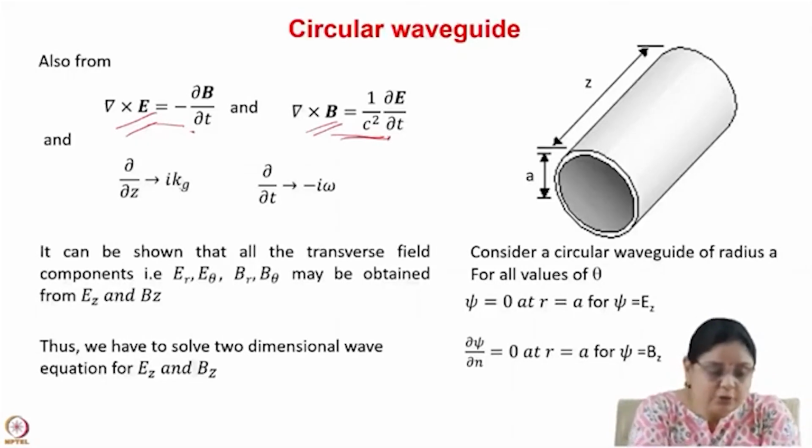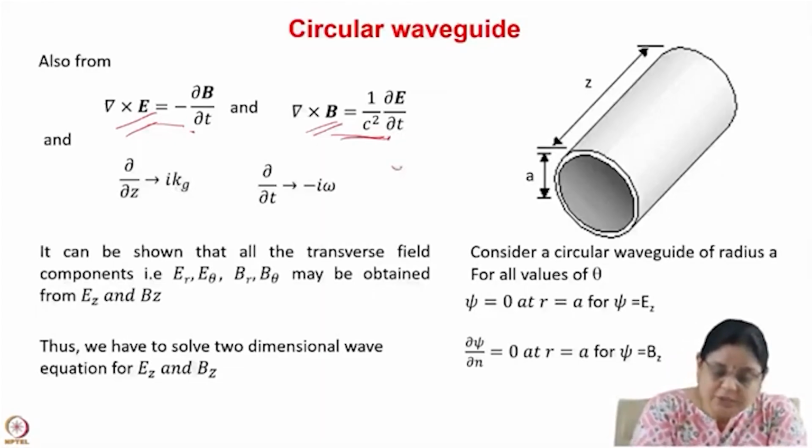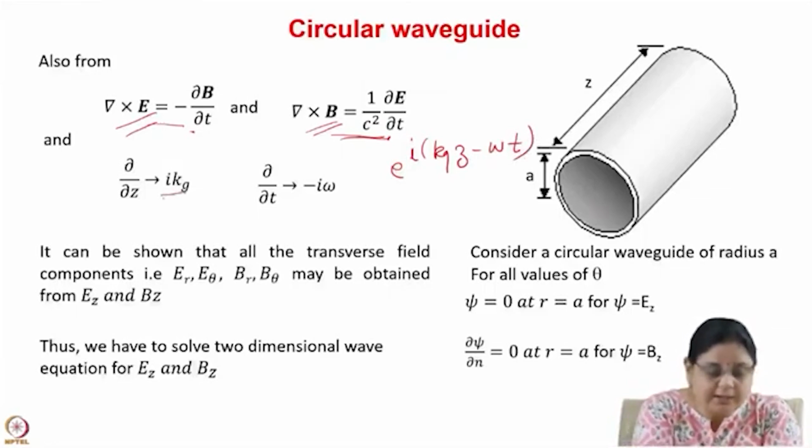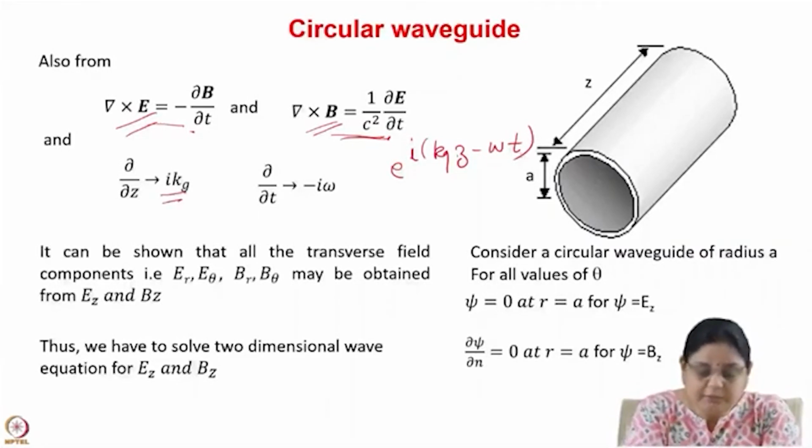You know that the exponential variation is e to the power of i(kg z minus omega t). So if you take the derivative with respect to z, you will get i kg, and if you take the derivative with respect to time, you will get minus i omega.